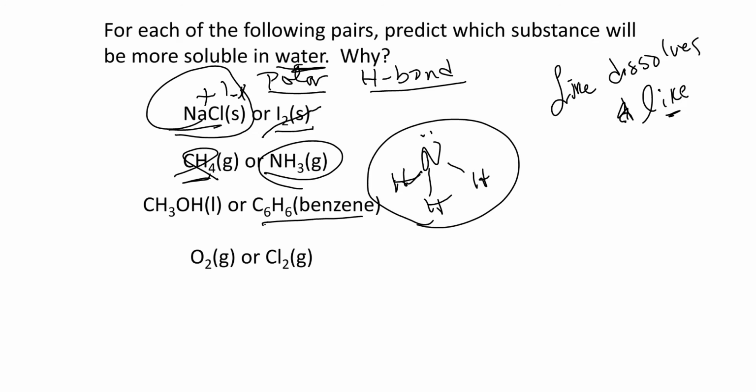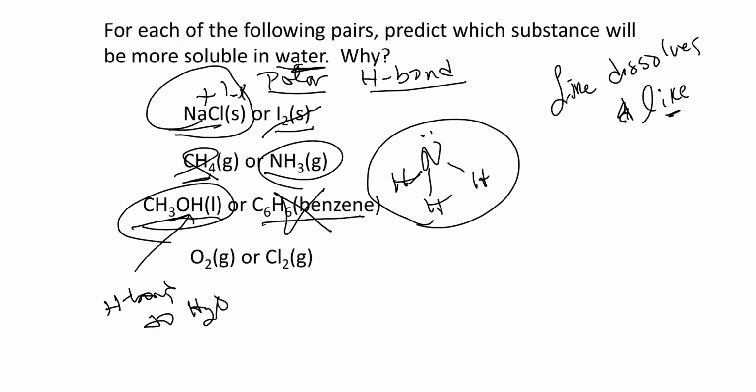Again here, benzene, nonpolar. Methanol with the OH. The OH is going to allow it to hydrogen bond to water, and the methanol will be much more soluble. Now, oxygen versus chlorine. These are both nonpolar.